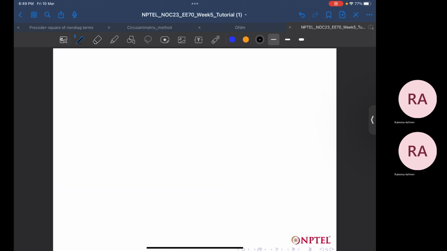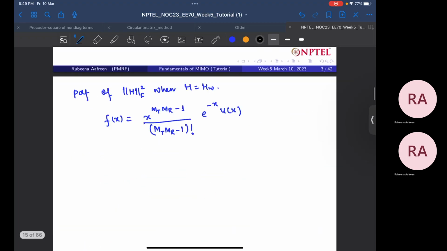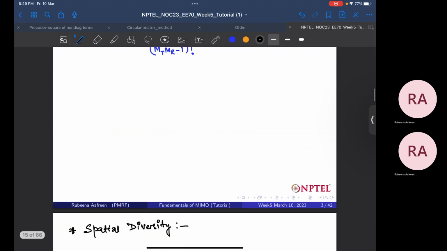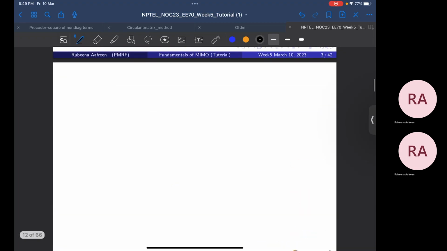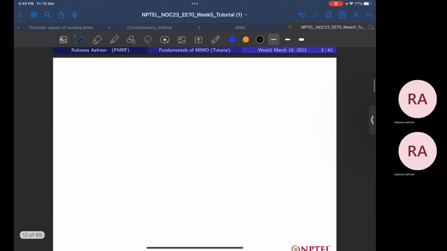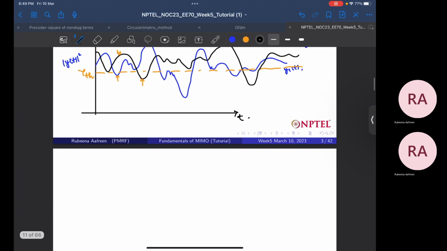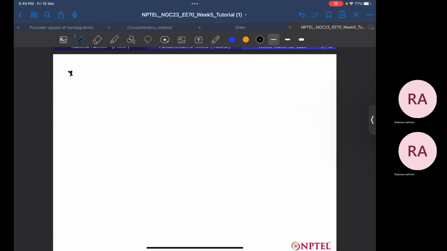Spatial correlation we already discussed. So now we will start with selection combining.